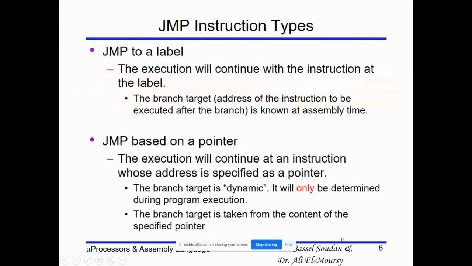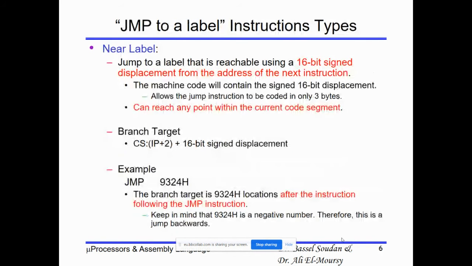Okay, so I can either jump to a label or jump through a pointer, some register that actually carries that offset. So either give the offset as a number or as a label, or give the offset as a dynamic pointer through some register, or even give that through the memory.